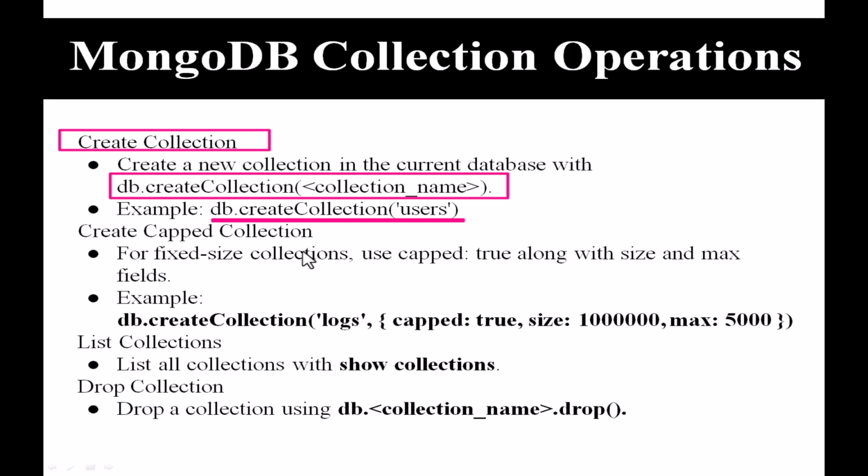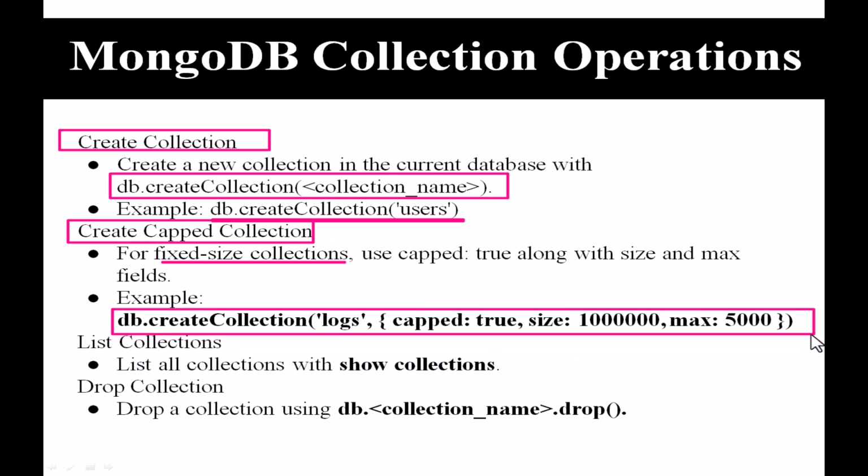Next, create a capped collection. For example, for fixed size collections, the data may not be compressed or resized. So you can use a capped collection with a size and a maximum number of documents. How many maximum documents can you create? Here we have the syntax db.createCollection logs.